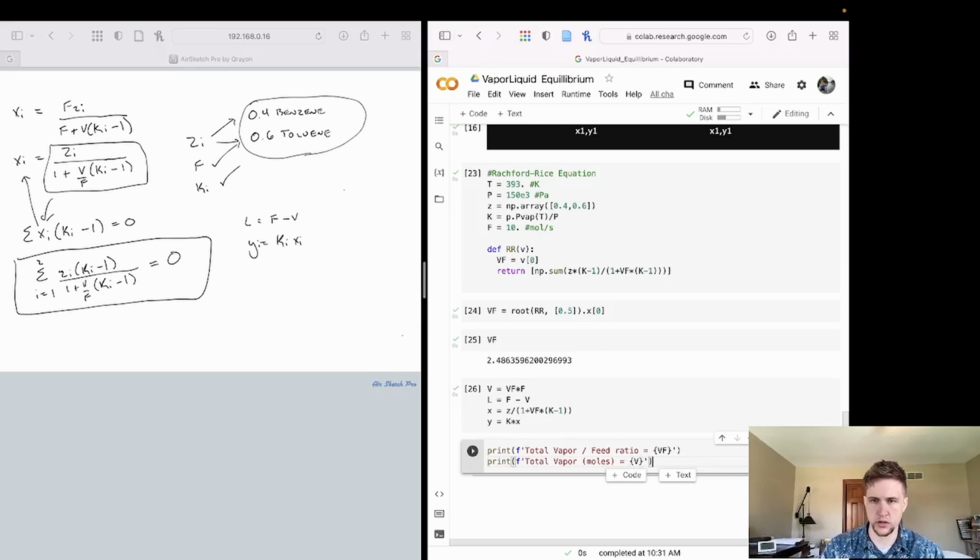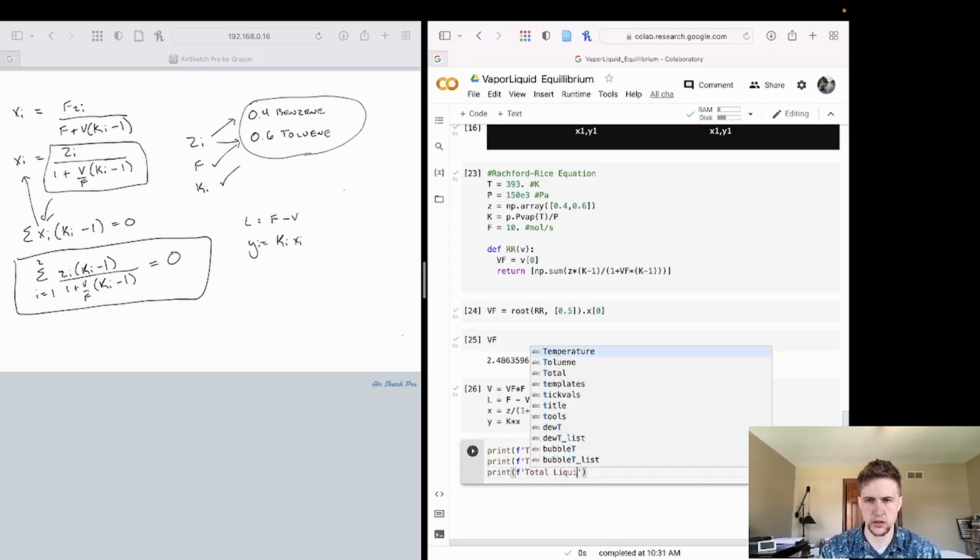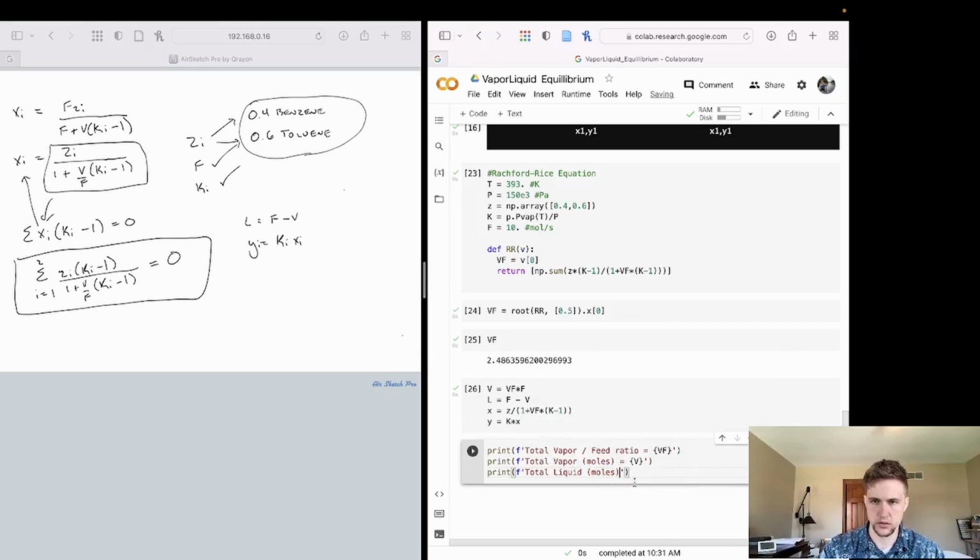We want to know our total liquid in moles. There we go. It's going to be leaving our flash drum.